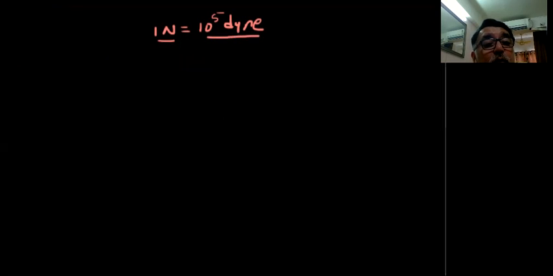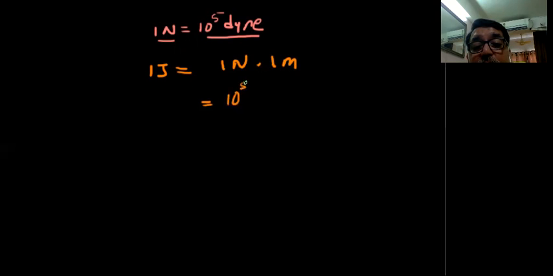Now let's try to figure out the relationship between the SI unit of work and the CGS unit of work. The SI unit of work is joule, so let's say 1 joule. Remember, 1 joule equals 1 Newton multiplied by 1 meter. Now, what is 1 Newton? 1 Newton equals 10 to the power 5 dyne.